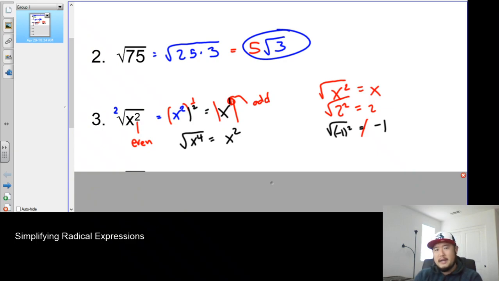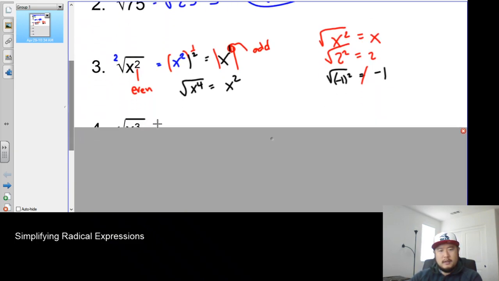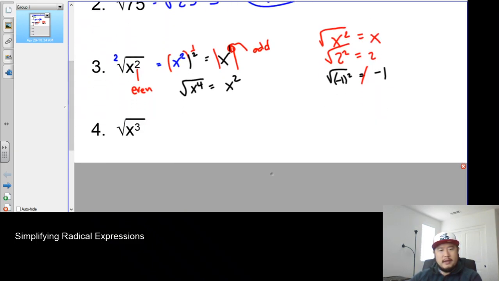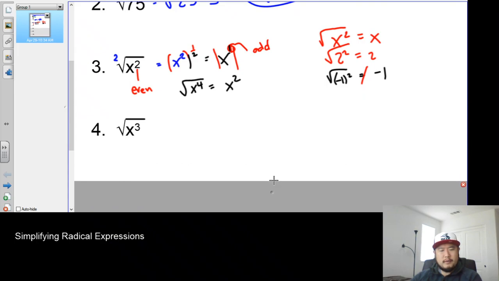But if it's an odd exponent, it'll remain negative. So that's why it only has to happen when we have an even exponent and then your answer becomes an odd exponent. And I would say that's one of the big takeaways for this lesson.